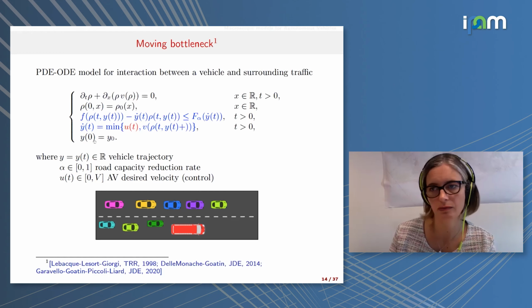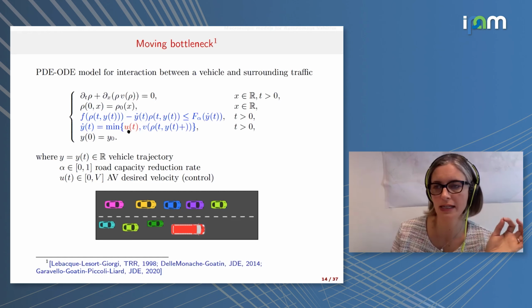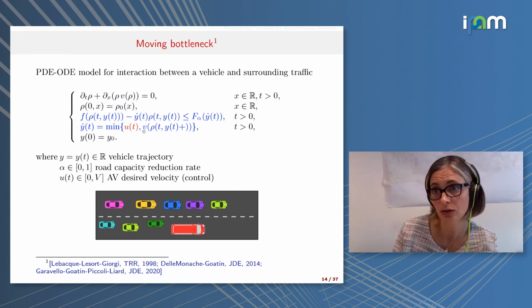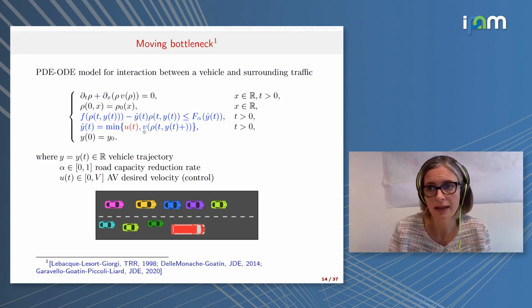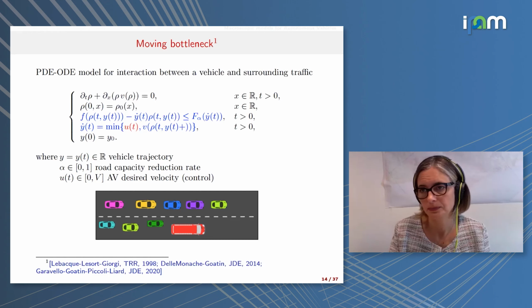We start from a given position, and then it moves. It moves at speed u as far as the traffic is sufficiently light, and is slowed down, adapting to the traffic, and so basically mixing with the traffic when the traffic becomes too congested. Does it answer the question?